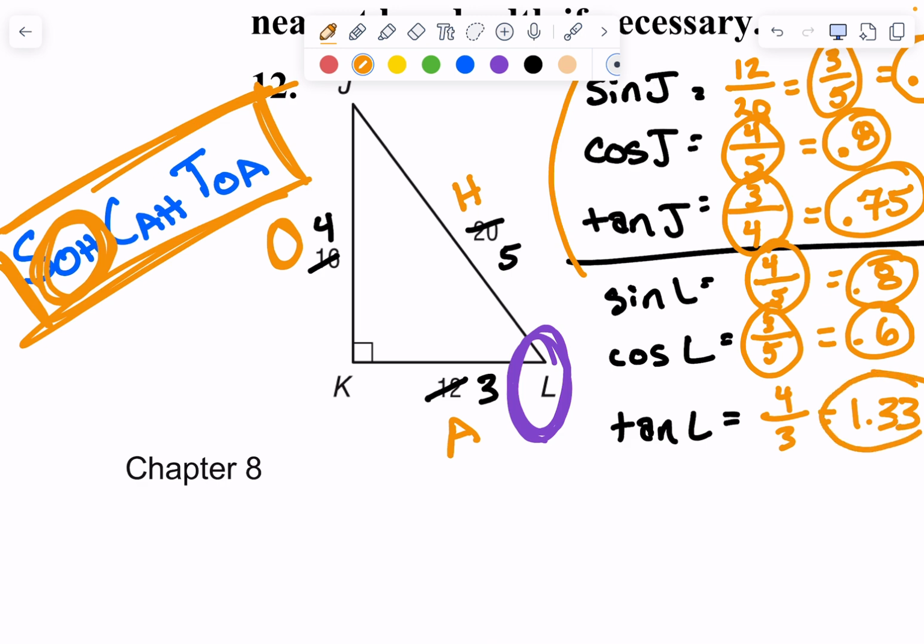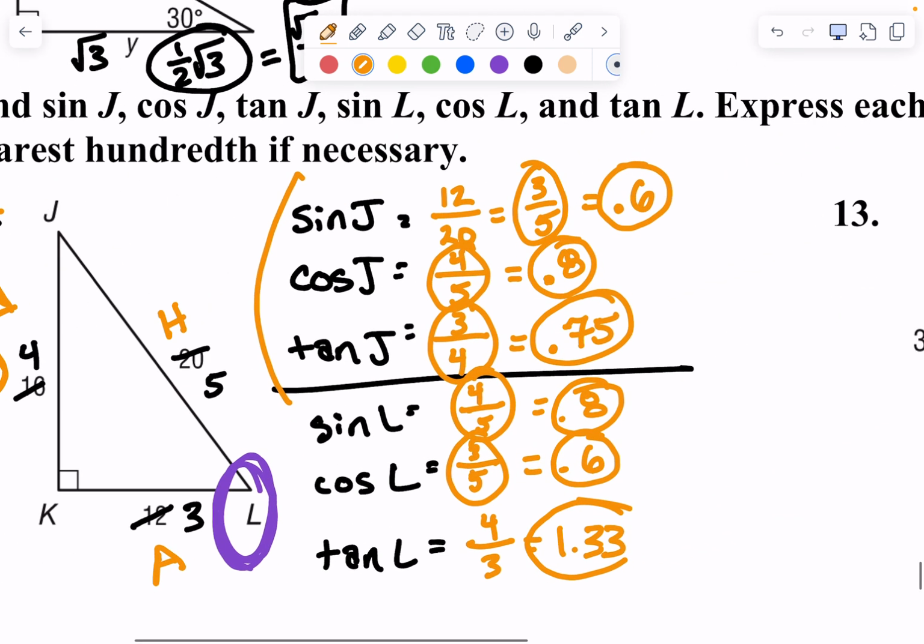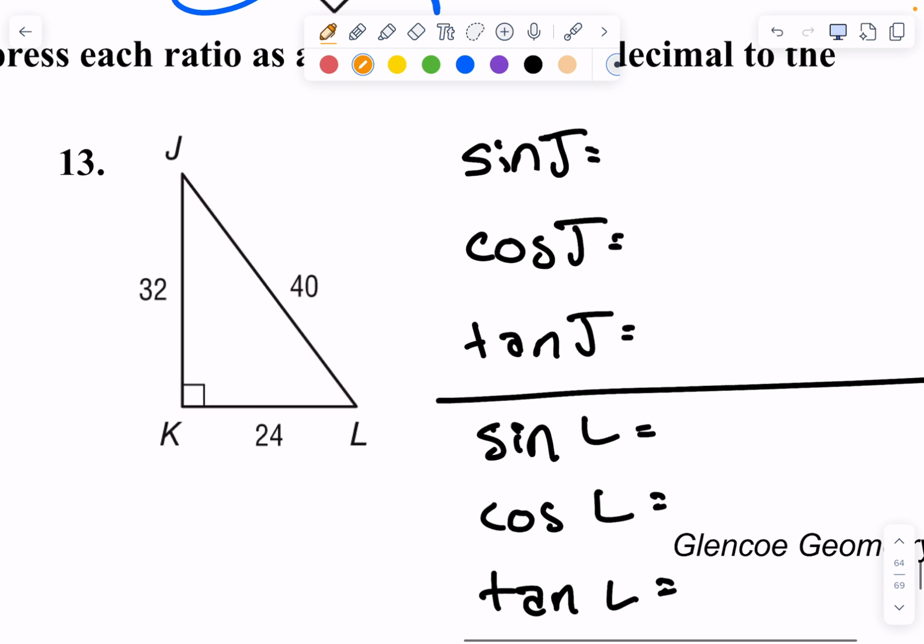Now, FYI, this is not a coincidence. This is how it is always, right? Sine and cosine, they flip. What happens to tangent? The tangents are reciprocals, right? Okay, so there's that.